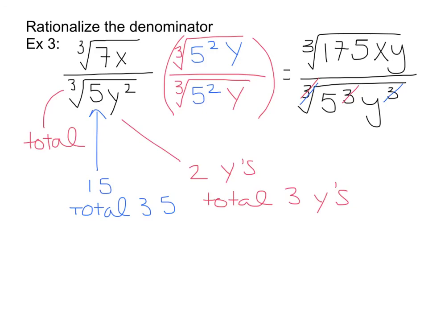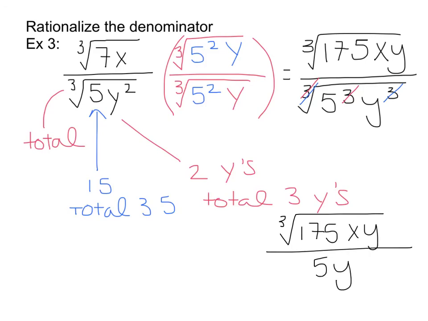So your final answer is the cube root of 175xy divided by 5y. You would want to see if you could break down the 175, so I'm going to do it over here on the side. 175 is going to be 25 times 7, which is 5 and 5, and there is not 3 of the same numbers.